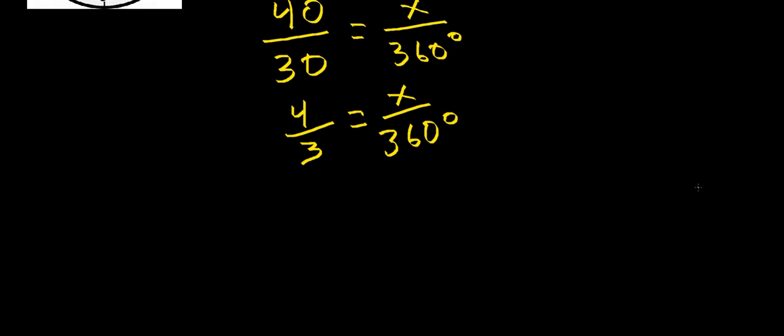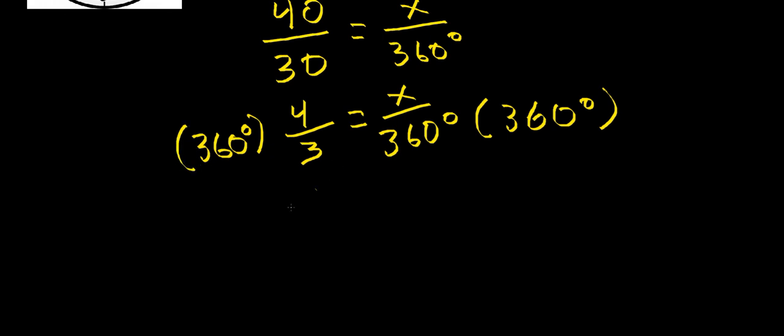Now, if we multiply both sides by 360 degrees, we get, what's 4/3 of 360 degrees? 3/3 is 360, plus 1 more third, that's 120. So 480 degrees. You can take your time to verify this on your calculator.